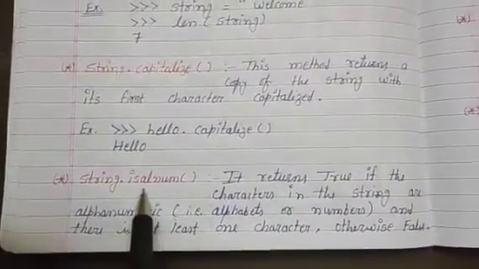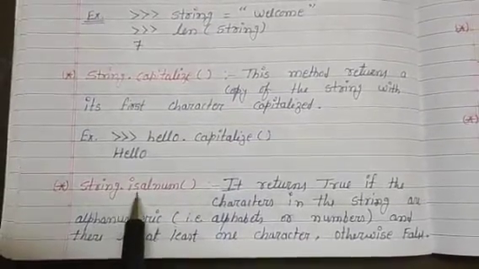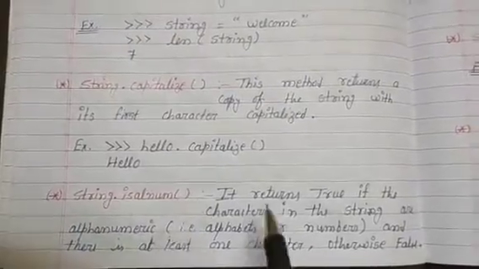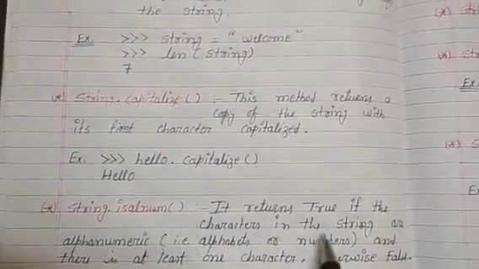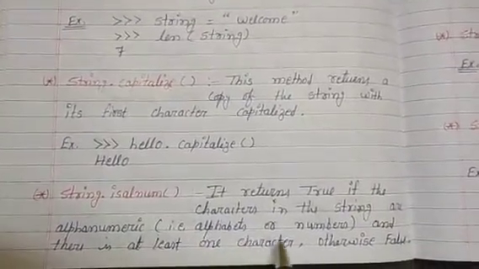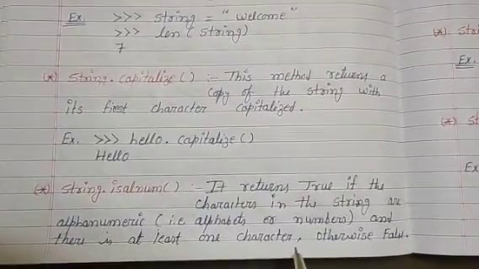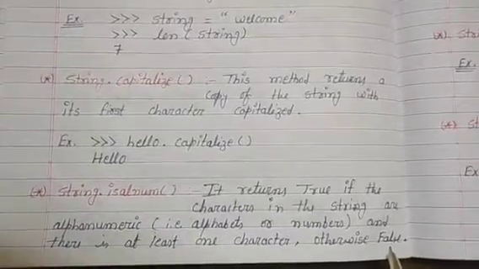String dot isalnum function, that is, string is alphanumeric function. It returns true if the characters in the string are alphanumeric, that is alphabets or numbers, and there is at least one character in the string, otherwise it returns false.